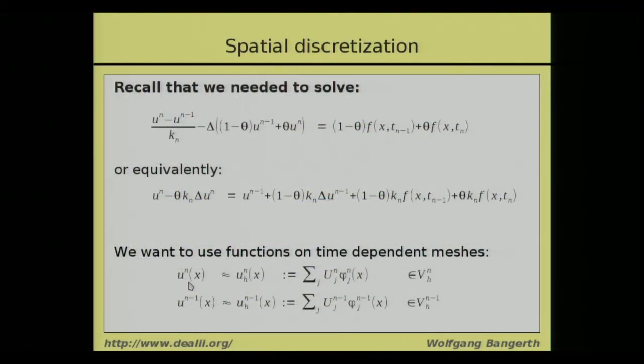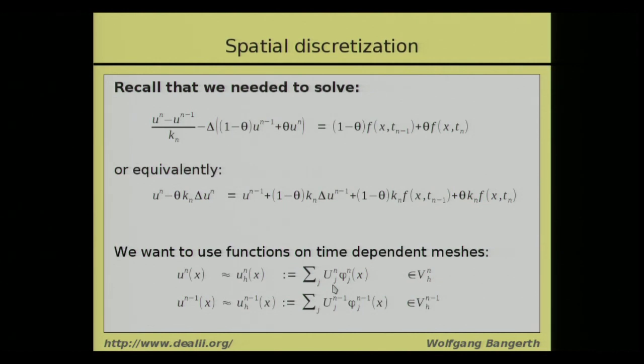If I expand the solution u^n at time t_n, I approximate that by a u_h^n that I'm going to write like this. It's going to have these shape functions phi_j at time n times coefficients U_j^n.